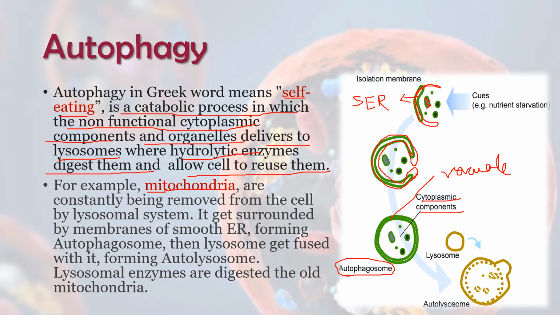This is further fused with the lysosome to form an autolysosome. The hydrolytic enzymes of the lysosome get discharged, and the mitochondria or other organelles get digested. They are digested inside the autolysosome. So this is autophagy.